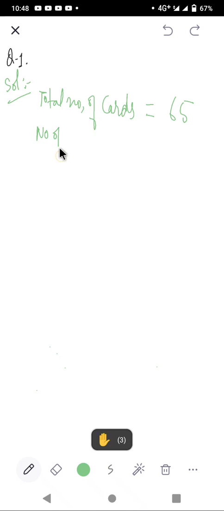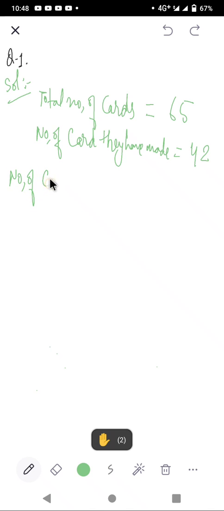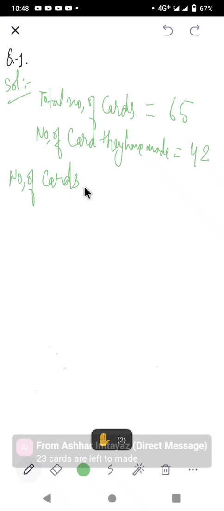Number of cards they have made, 42 cards they have already made. So how many cards are left to be made? To find out the left one, we need to do subtraction here. So we will write here number of cards left.